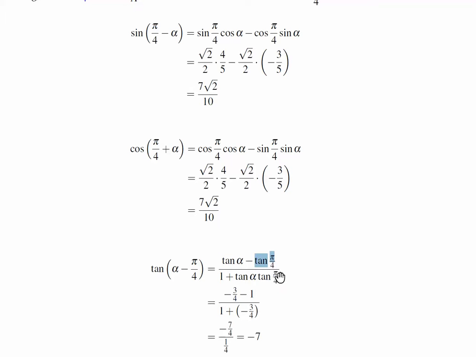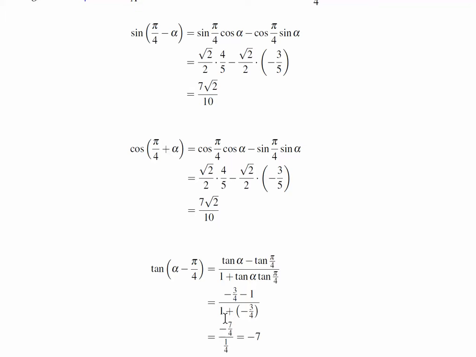That's the product. Now, we know tangent alpha we have found is negative 3 over 4. That's tangent alpha. Then minus tangent pi over 4, which is 1.